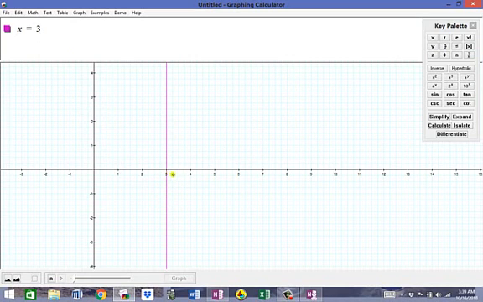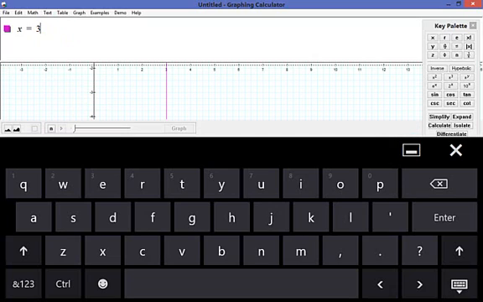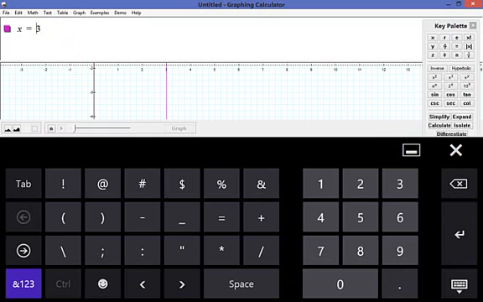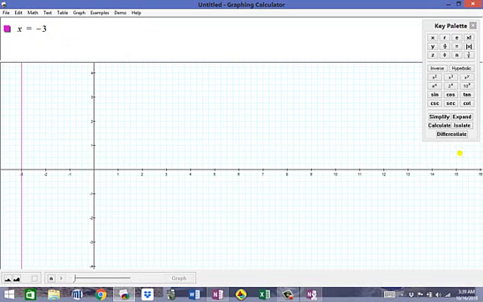So if that was negative, let's make it negative just for fun. There we go. Look at that, it goes through negative 3. So it's just a vertical line going through whatever number this is.